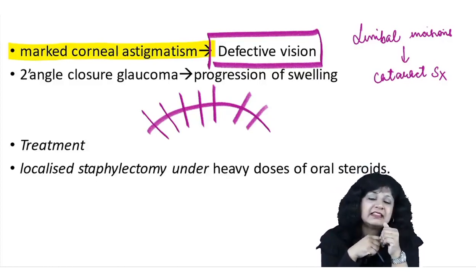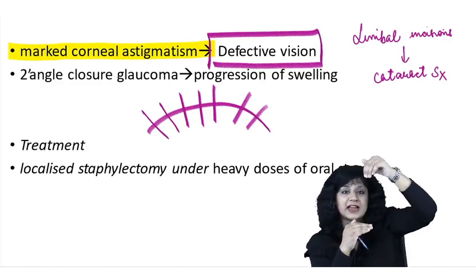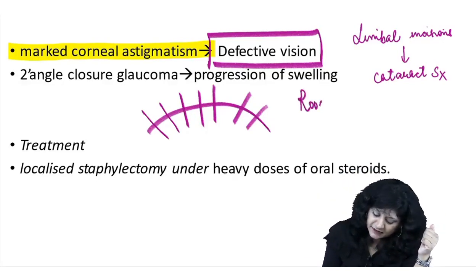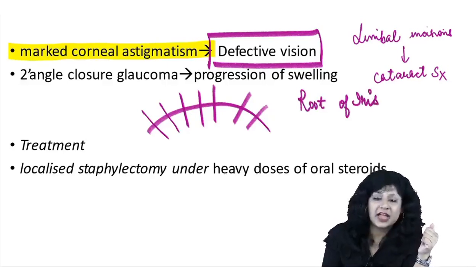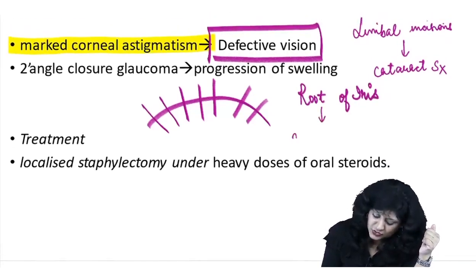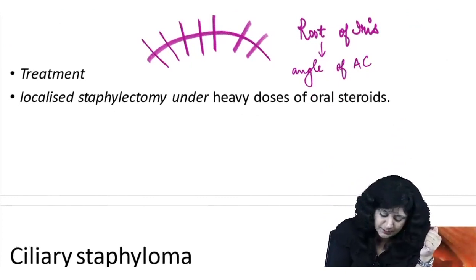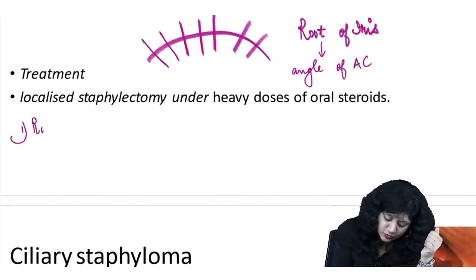Okay, because you know that is the root of the iris. Now because it is occurring at the level of the root of the iris, and this root of the iris is one of the structures in the angle of the anterior chamber. Yes or no? What are the structures of the angle of the anterior chamber? First is your root of the iris.